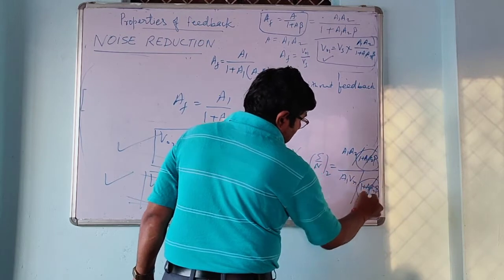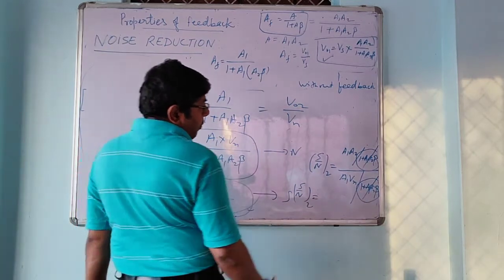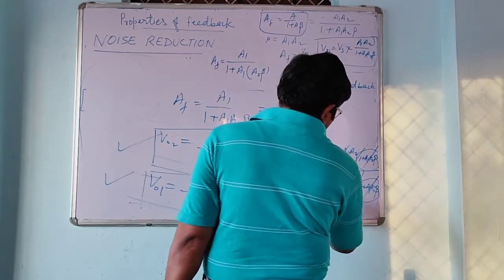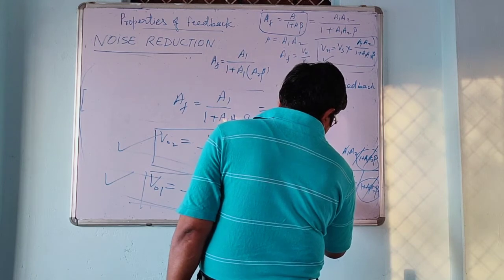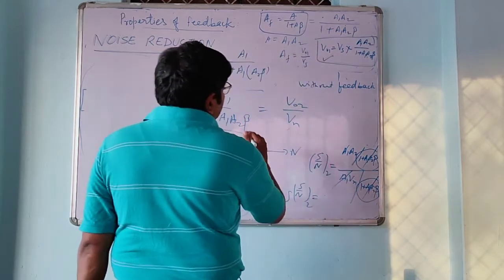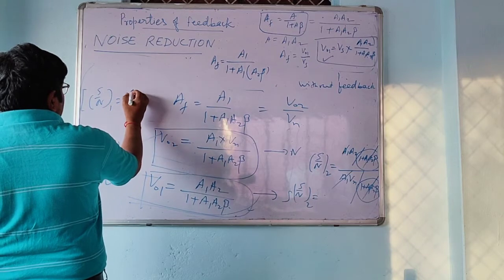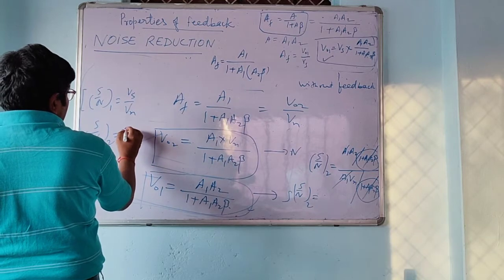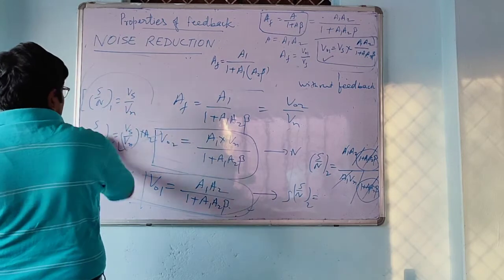A1 is also cancelled out. So the signal to noise ratio in the first case is Vs upon Vn, and in the second case it is Vs upon Vn into A2. So this is the difference.